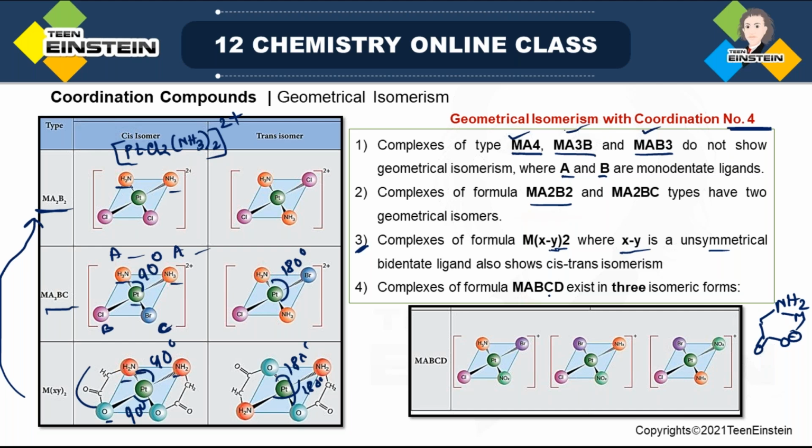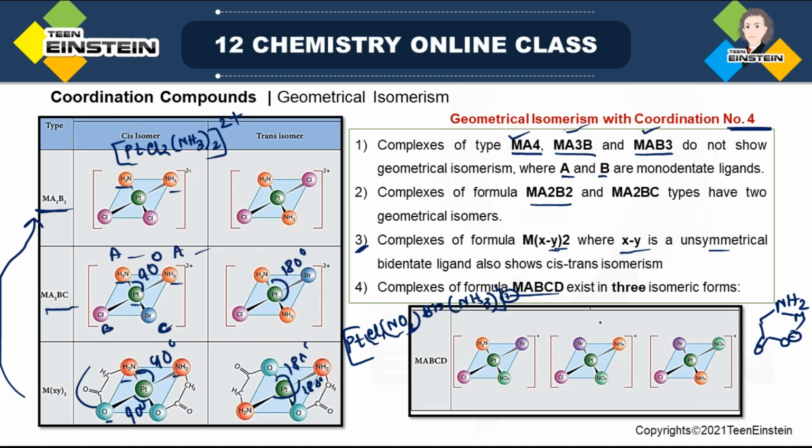And the fourth possibility, a complex of formula MABCD. Now all 4 ligands are different, so we have 4 different types of ligand. Here we have taken the example Pt, Cl, NO2, Br, and ammonia. So this is of type MABCD.